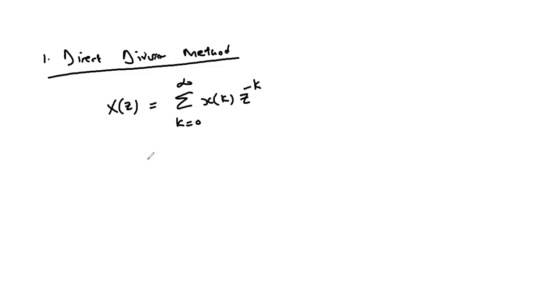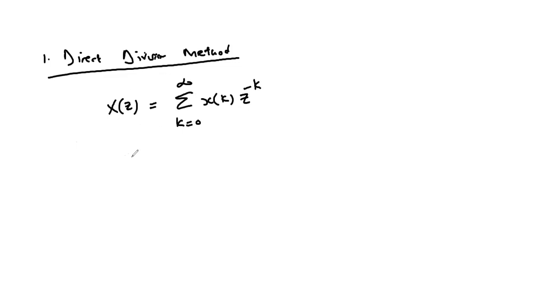That means if we carry out the division of x of z, we divide the numerator polynomial in z by the denominator polynomial in z, we obtain a polynomial in z inverse.